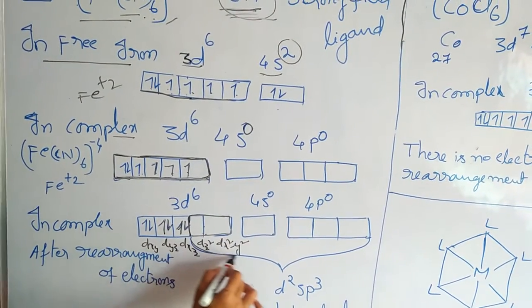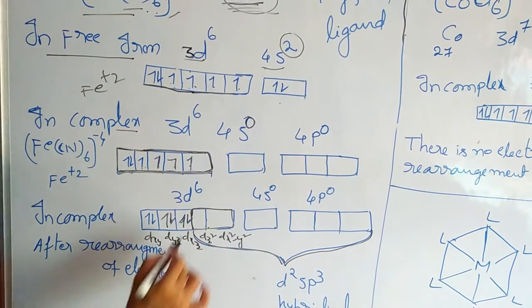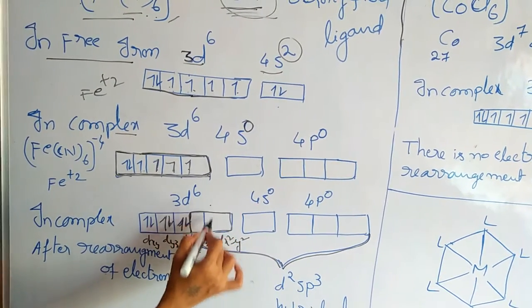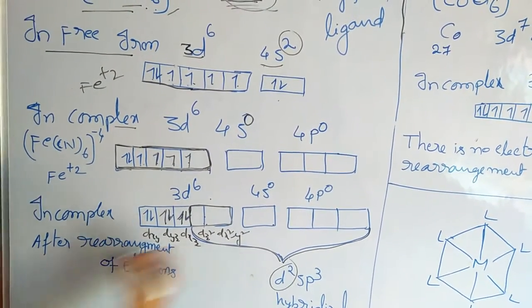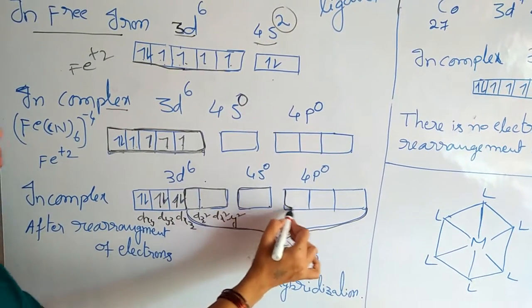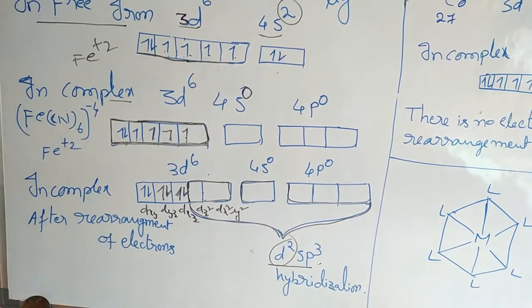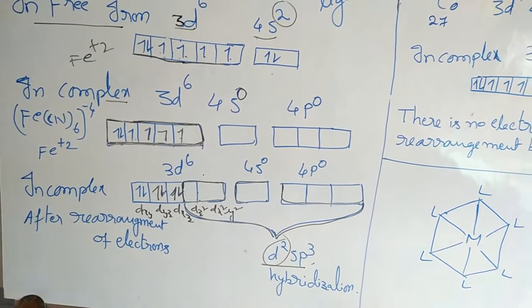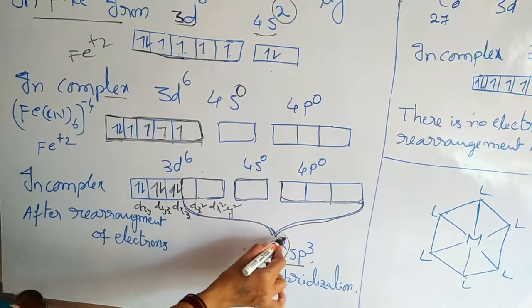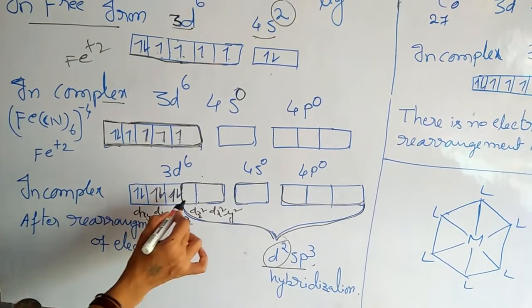These orbitals are involved in the hybridization: 2 d orbitals, the s orbital, and the p orbitals. So that's why it is d2sp3 hybridization.